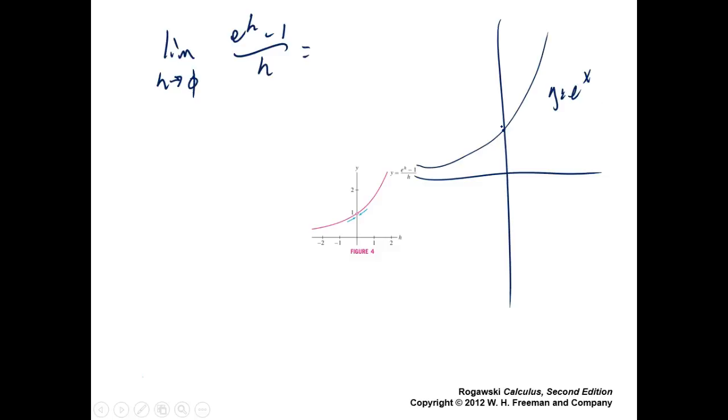Now, if you subtract 1 from that, it lowers it to this. So maybe this is going to work out. If that's compared to the identity function here, just like it was with sine x over x, it does look like the slope here and the slope there line up on top of each other, so that does look to be the case. So yeah, I think maybe you could do that.